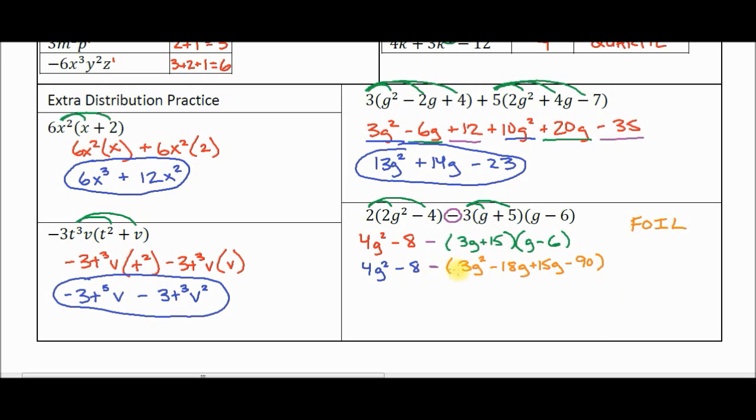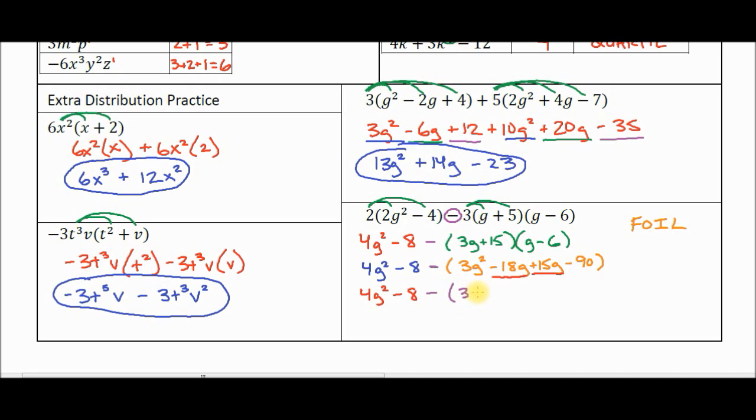So we have done our second step. Third step, let's take a look. Remember PEMDAS, we're going to deal with parentheses first, and I can see on this equation, in parentheses, we can combine two of these terms. We got negative 18g, got positive 15g. So let's write this down. We got 4g squared minus 8. Here is our minus sign that's still hanging around. And we've got our parentheses.